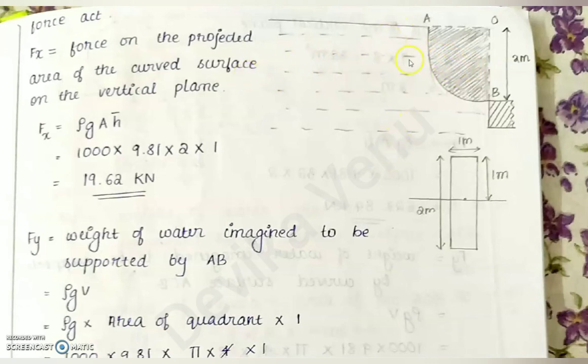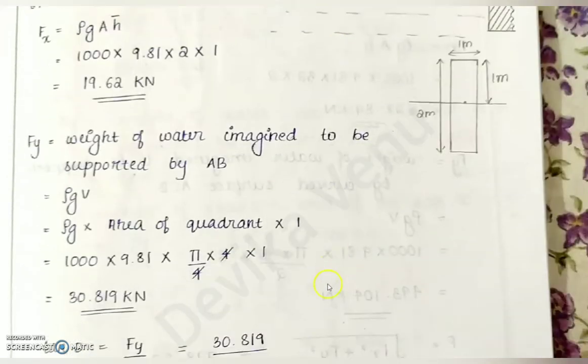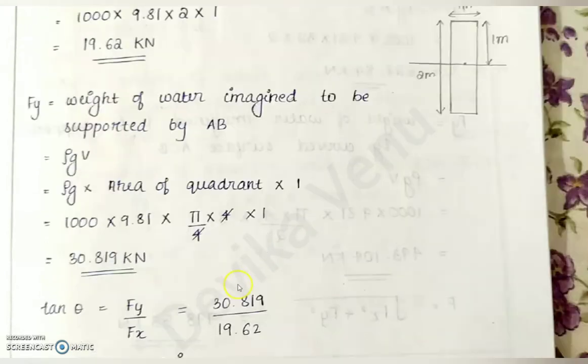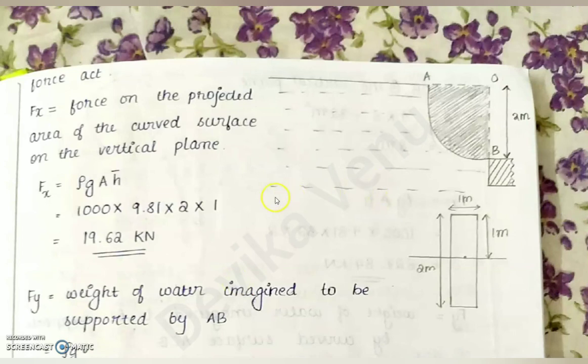Again, Fy is in the positive direction, so it comes in the first quadrant. So when you draw the figure, this is Fy and this is Fx, and the resultant force will come like this. I hope the direction is clear to you. And the theta angle is this one. I think this problem is clear to you all.